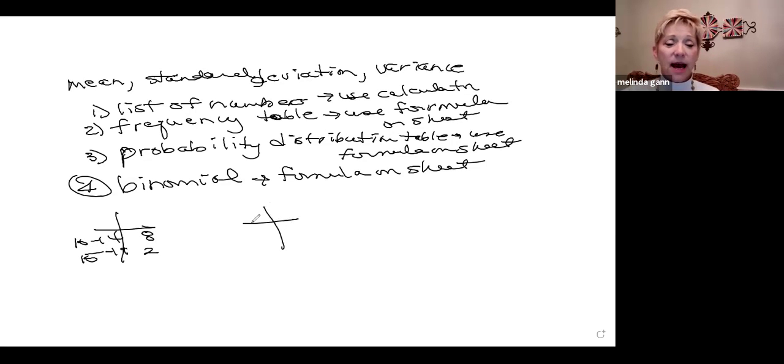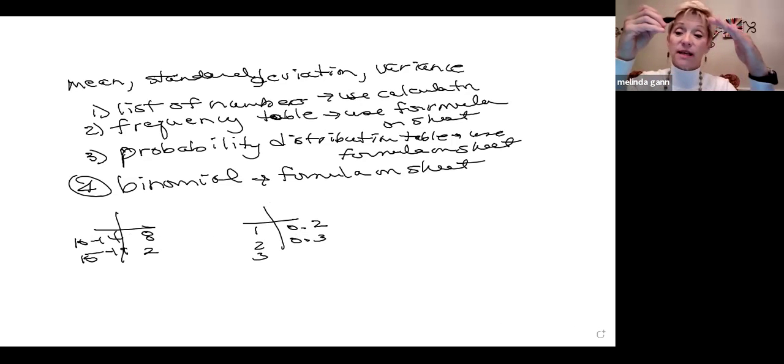A probability table has single values over here and then decimals over here. So there's no way they look alike. And they're different formulas and they're on the sheet. And one of them says frequency table next to it and one says probability distribution next to it. And if it's none of those, it's got to be a binomial problem. And again, those formulas are on the sheet.